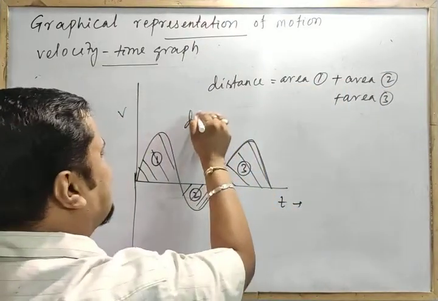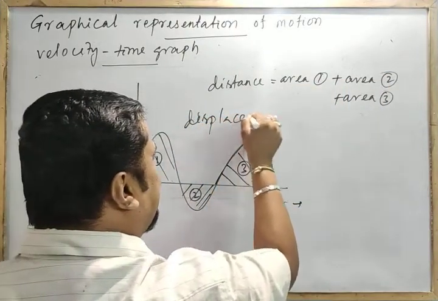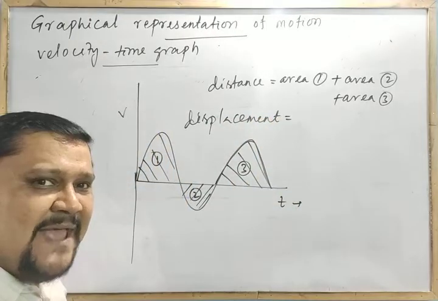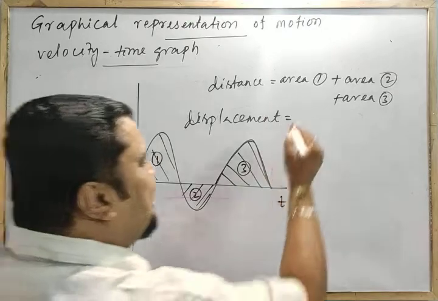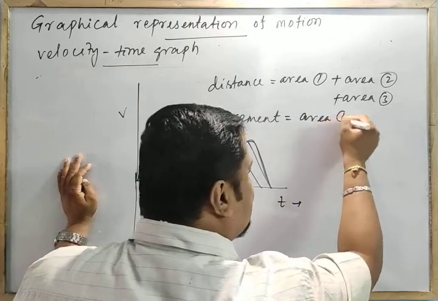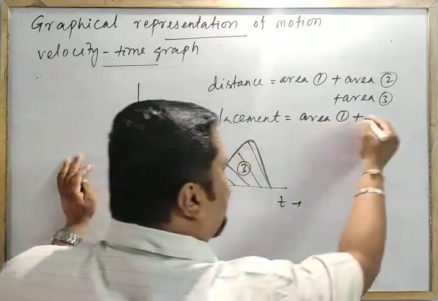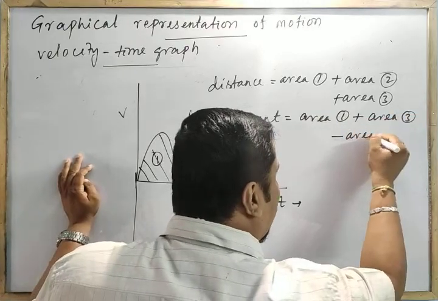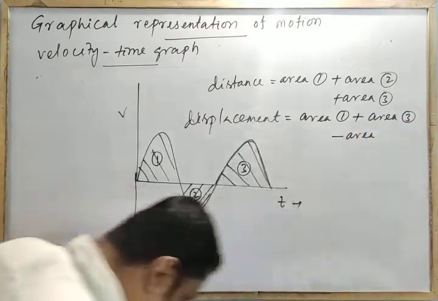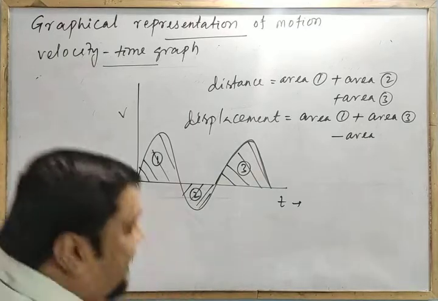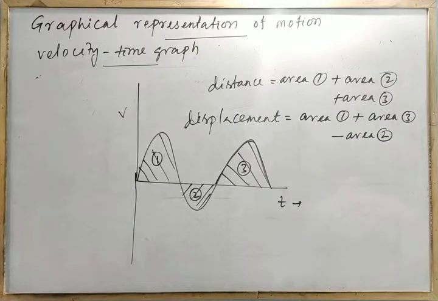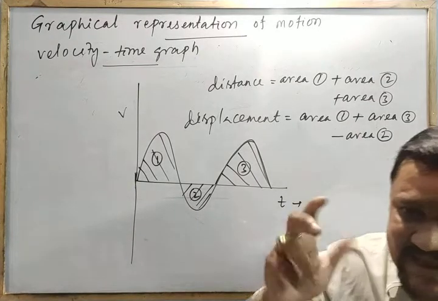Suppose I ask you what is the displacement. Remember, when you are considering the displacement, then area 1 positive, plus area 3 positive, minus area 2. That is the importance of this equation. Area 2 is negative because when we are considering displacement, we have to consider the direction.